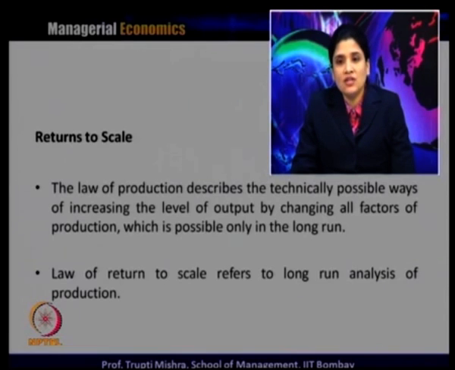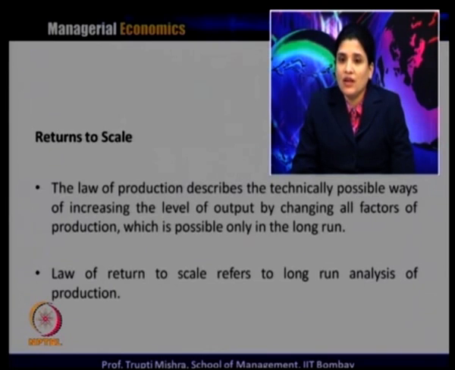But in the long run, since the output can be changed by changing all the inputs, a number of factor combinations can be developed, and that is the reason the law of production describes the technically possible way of increasing the level of output by an ideal mix of both the inputs, that is labor and capital.